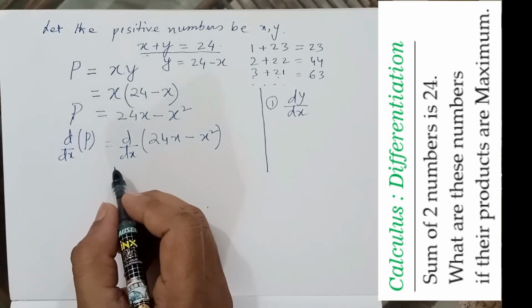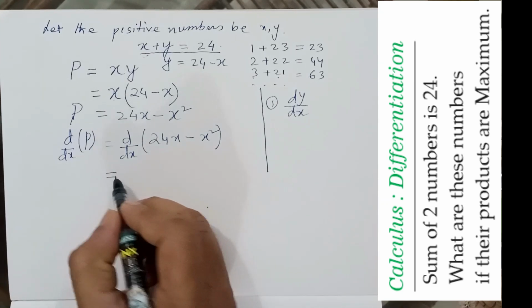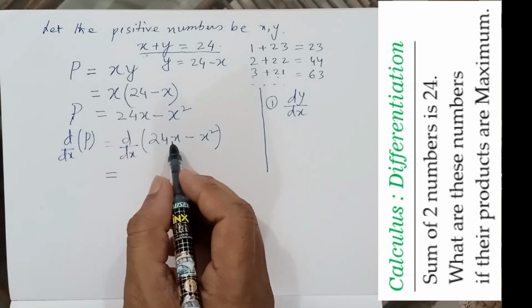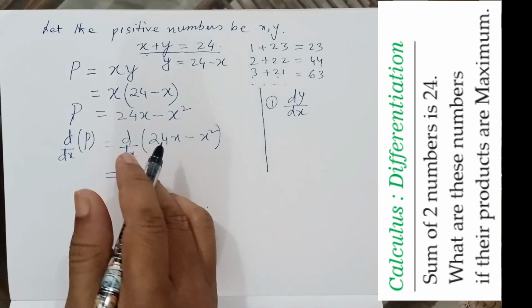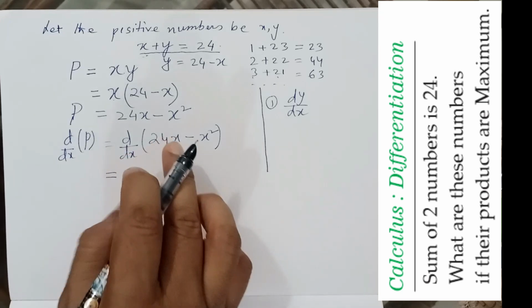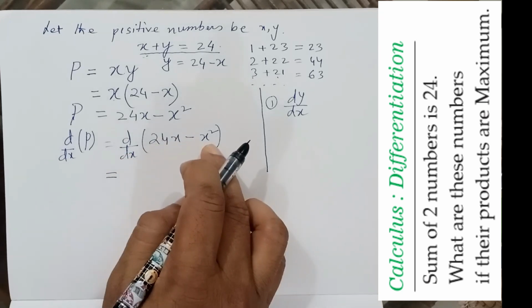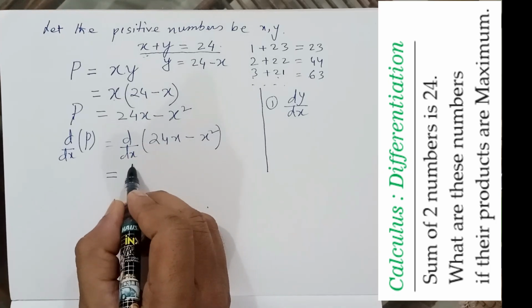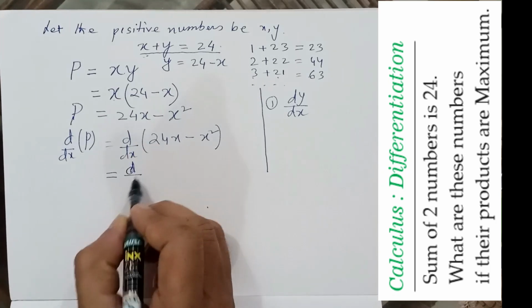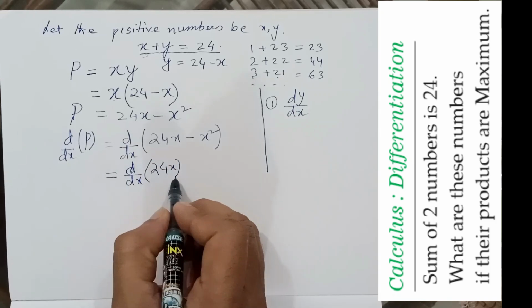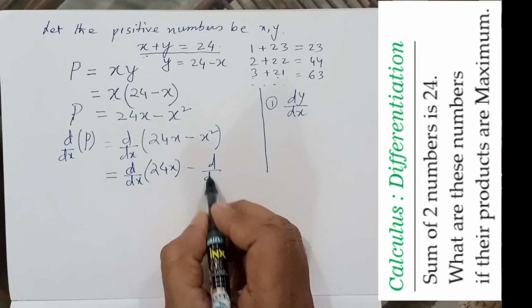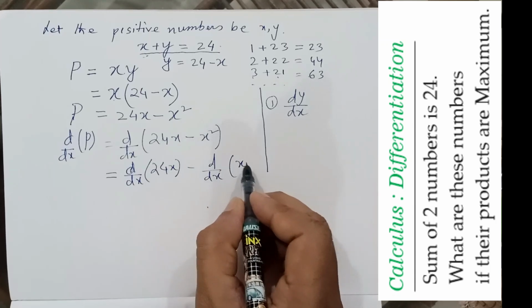As we know, d/dx can be applied for each term with plus or minus sign. So we'll use d/dx for 24x, and again d/dx of x square.